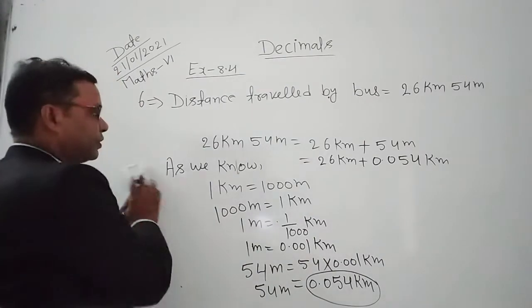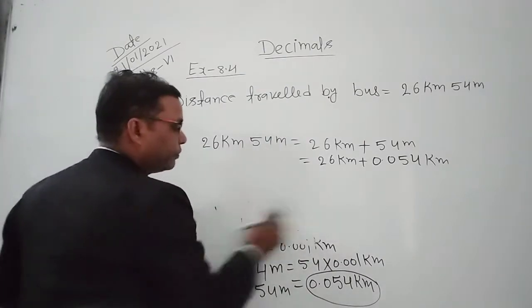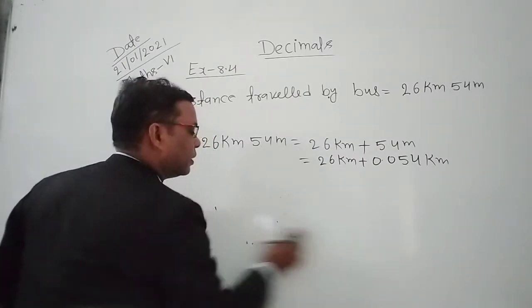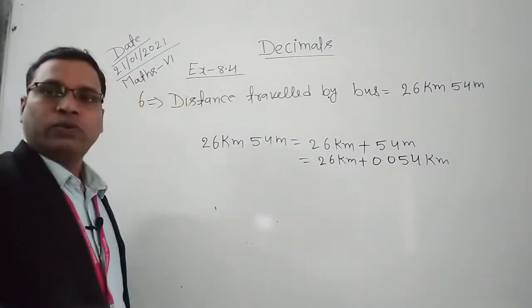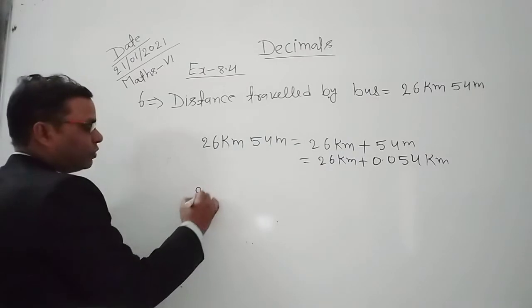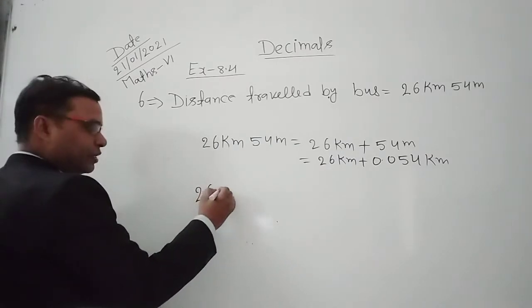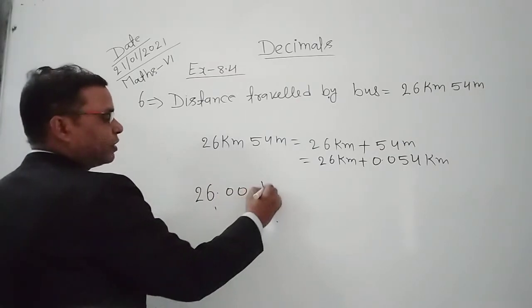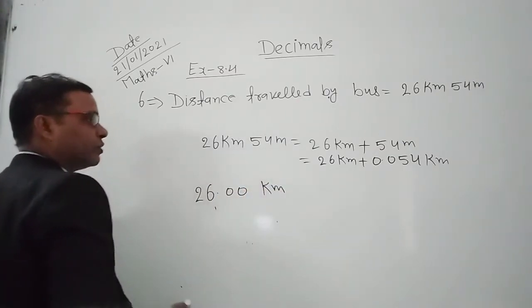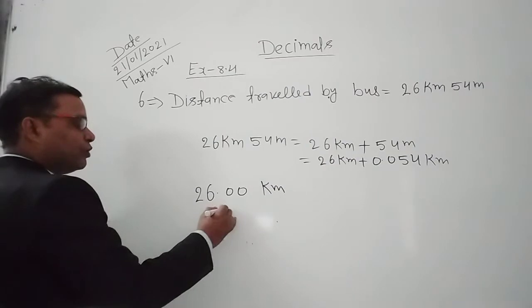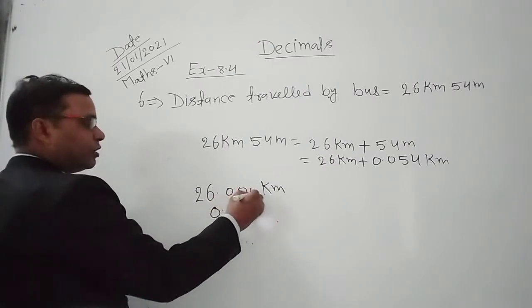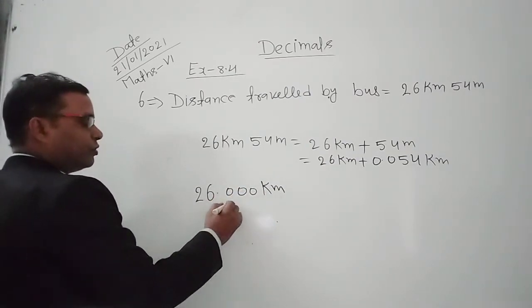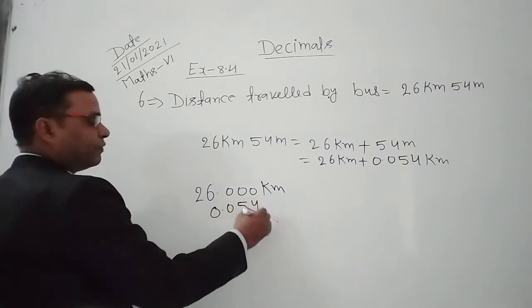For this we use the vertical method to add. 26 is equal to, you can write 26.00, no problem, kilometer. And here we have 0.054.